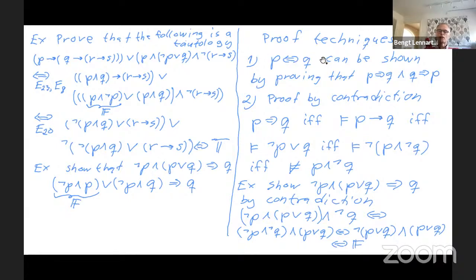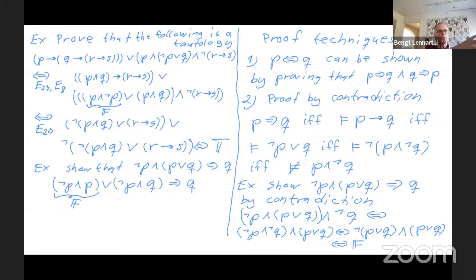First, that an equivalence can always be proved by making an implication in both directions. So P implies Q and Q implies P. That shows the equivalence. And actually you have that all the time in mathematical proofs, because if you say if and only if, then you show that in both directions.